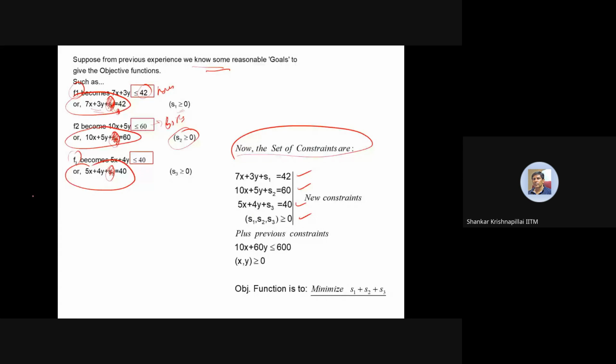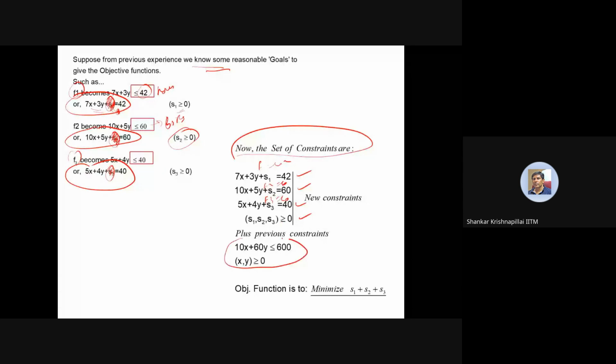Now we rewrite the original problem like this. The new set of constraints are these 3 new constraints: F1 is equal to 42, F2 is equal to 60, F3 is equal to 40, then S1, S2, S3 greater than or equal to 0, plus the old constraints.